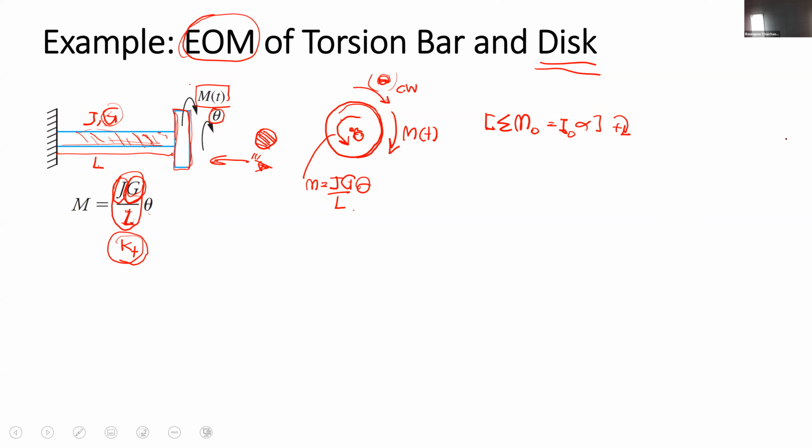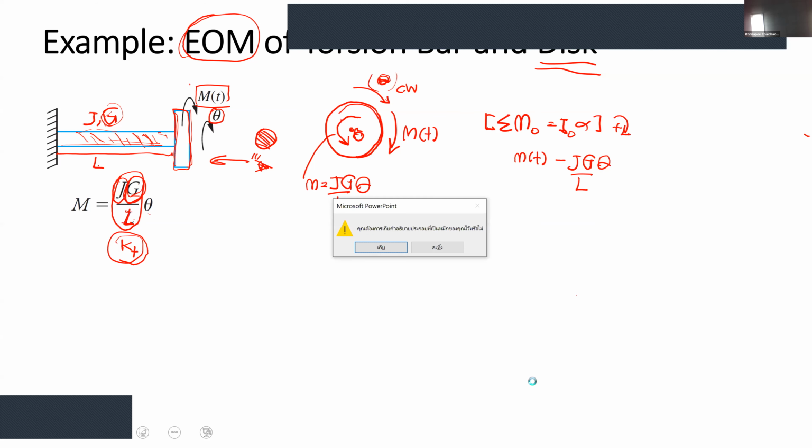So in the summation of moment, we have the external moment mt in the clockwise direction and positive, and the torsion bar moment is in the counterclockwise direction, Jg divided by L multiplied by the angular displacement, is equal to the moment of inertia multiplied by theta dot dot.